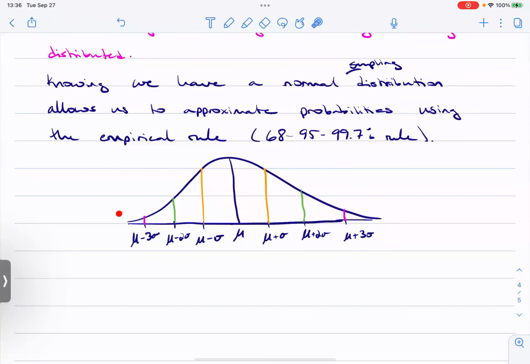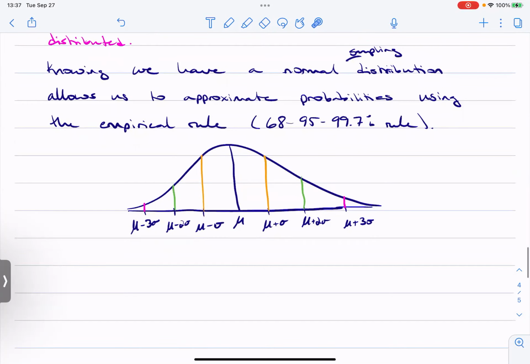And if it's more than 3 standard deviations away, I very likely reject the null hypothesis, because the probability of that happening out in these tails just by random chance alone is very, very small. So you can use just the 68, 95, 99.7 rule.